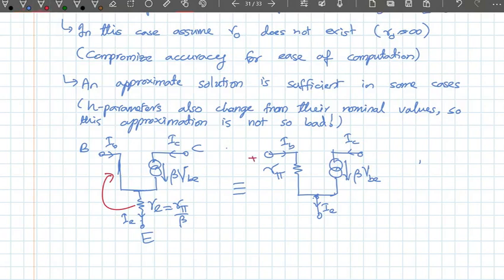The voltage input VBE is between these two, in both cases the same value. Output is VCE between emitter and collector. So this is basically what you have for your circuit.